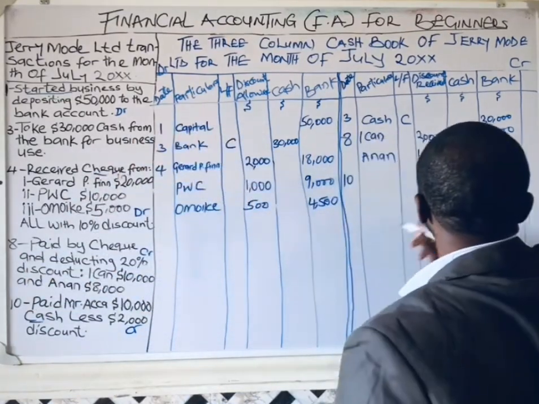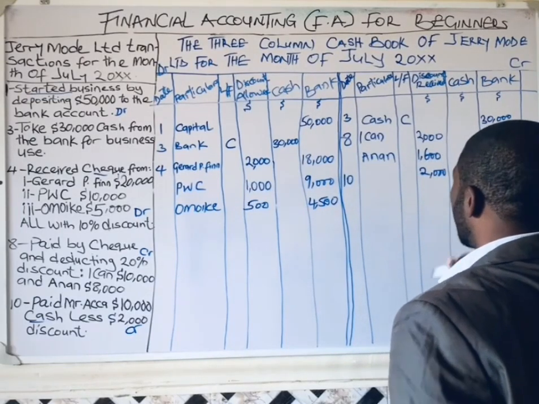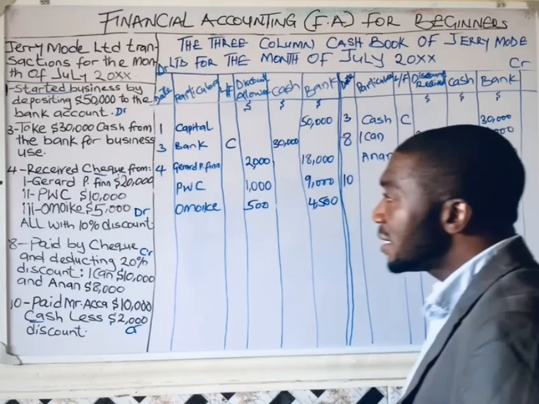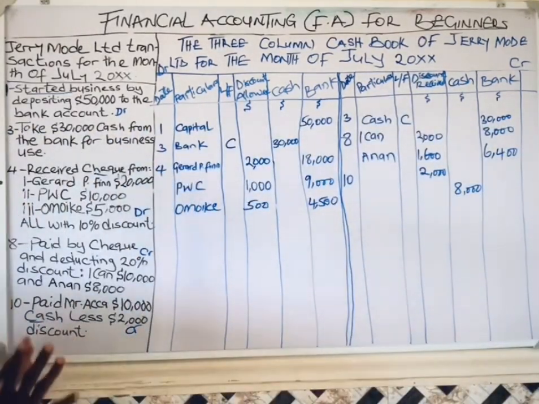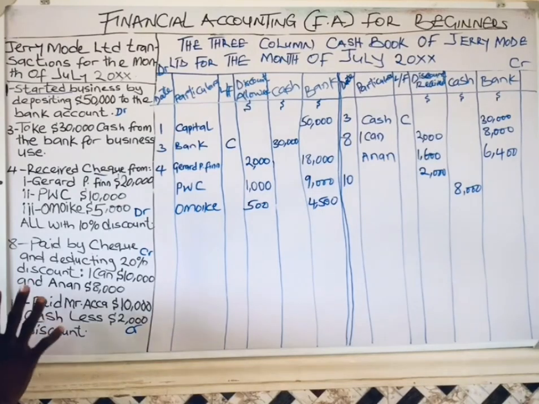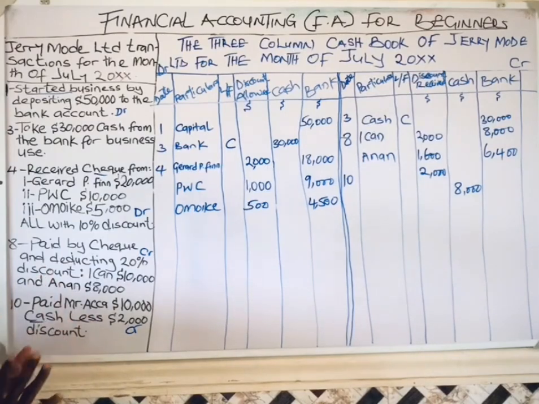So you go to your cash column, we are paying $8,000 cash. So this is how to enter your transactions in the cash book, especially the discount part of the transaction. And this is all about entries in the cash book.